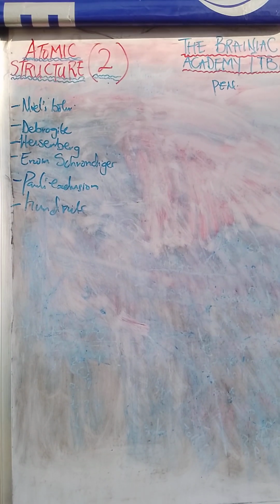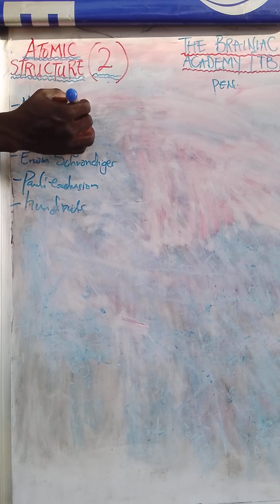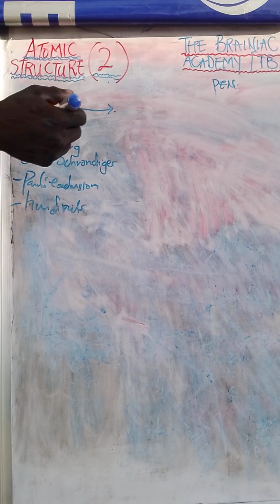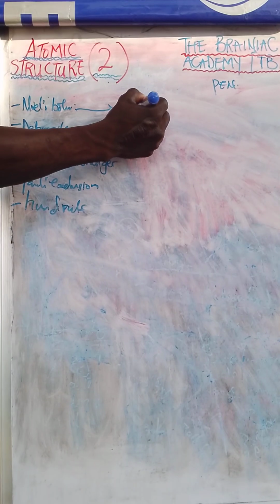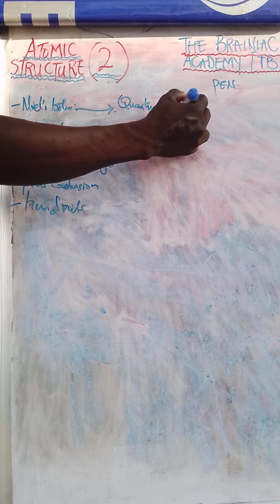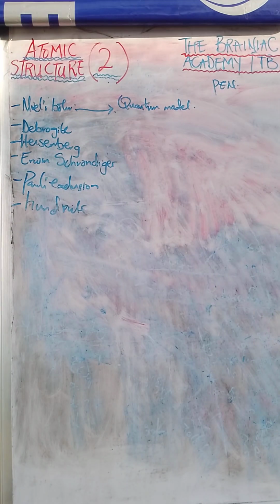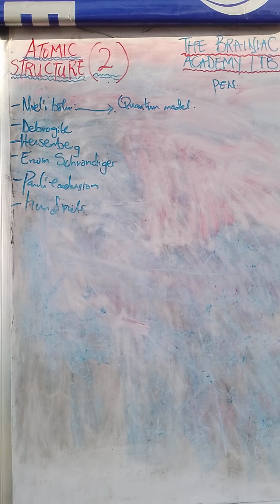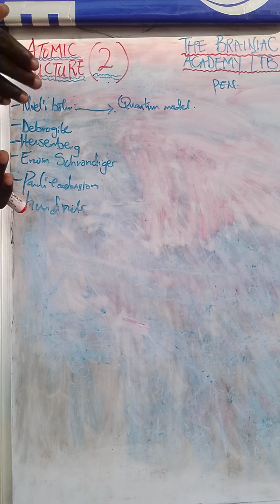So Niels Bohr's own model is called the quantum model, just like others have their own names. Others, like JJ Thomson, they call his own the watermelon model, electron cloud model, plum pudding model. Then the Rutherford model, that's the nuclear model and the planetary model, that's from your nursery and primary school.